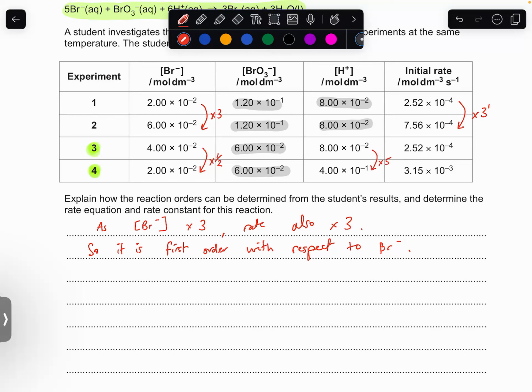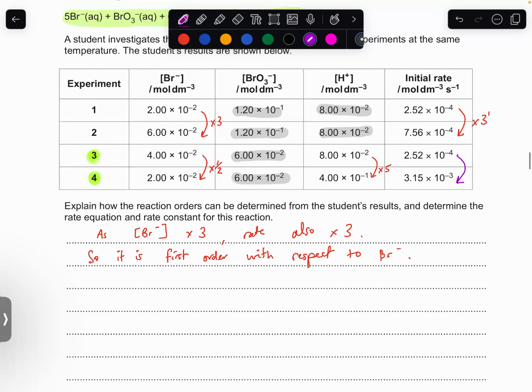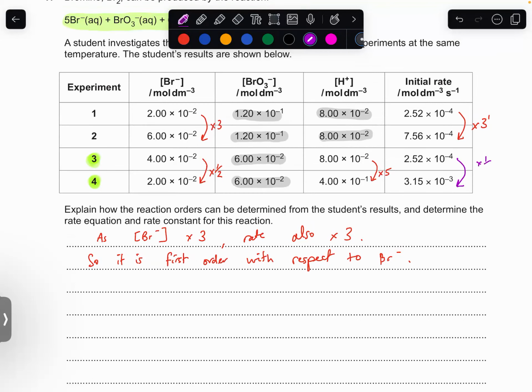So the effect on the rate is going to be multiplied by half because it's first order with respect to Br minus, and then it's going to be multiplied by 5 to the power of something. We don't know what that unknown is yet.